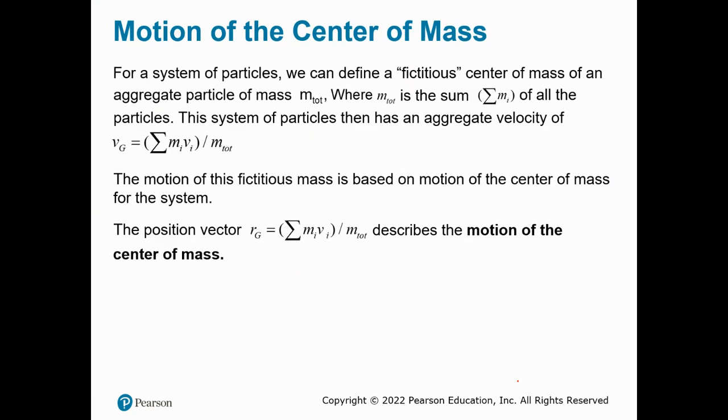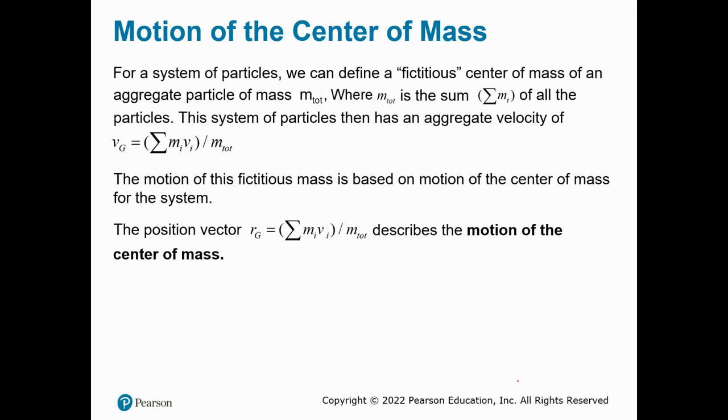For a system of particles, we can define the fictitious center of mass. In other words, we have an imaginary aggregate particle of mass m total. This m total is the sum of all the particles in the system, and the system of particles has an aggregate velocity.